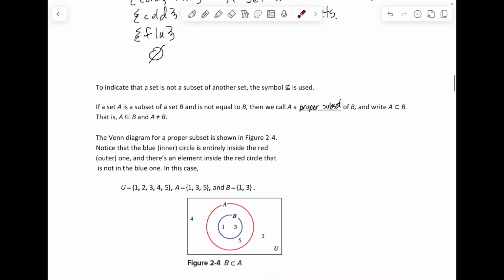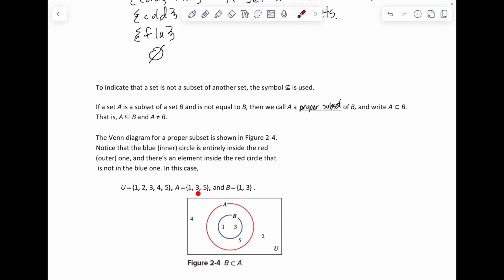Let's consider a Venn diagram that illustrates a proper subset in figure 2.4 here. So the blue, the inner circle, is entirely inside the red outer one. And there's an element inside the red circle that is not in the blue one. So if we look at this Venn diagram, what it's illustrating are these three sets. The universal set includes all the numbers inside the rectangle, and that would be the counting numbers 1, 2, 3, 4, 5.